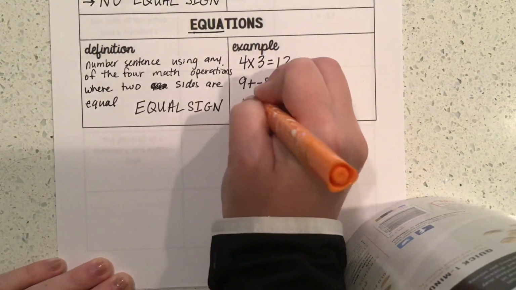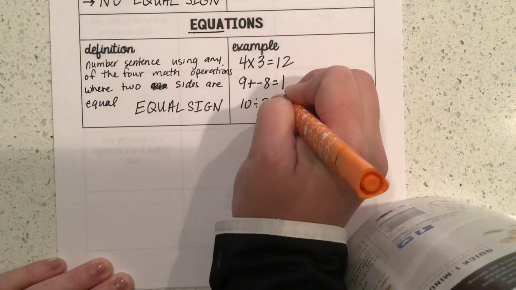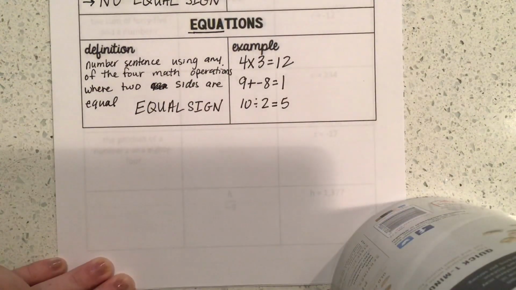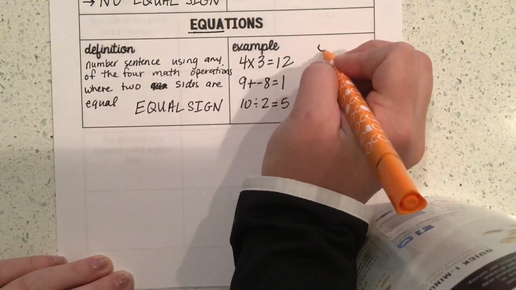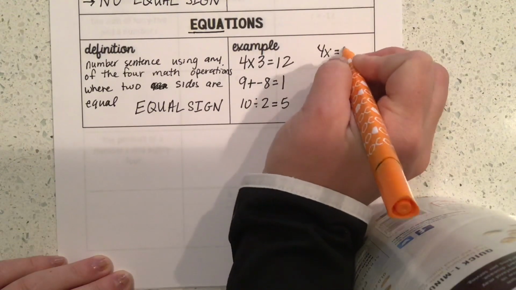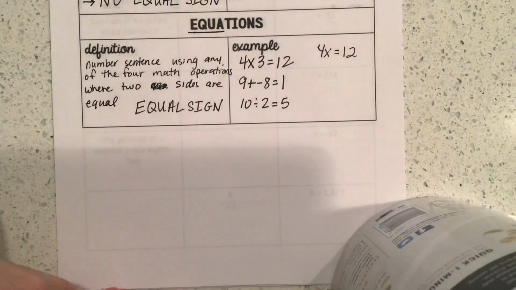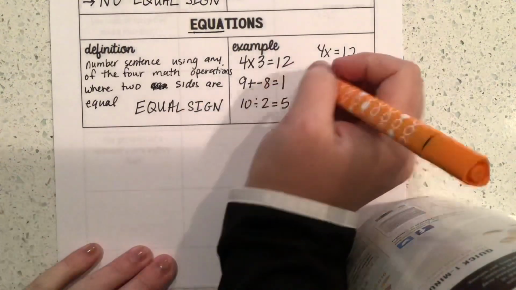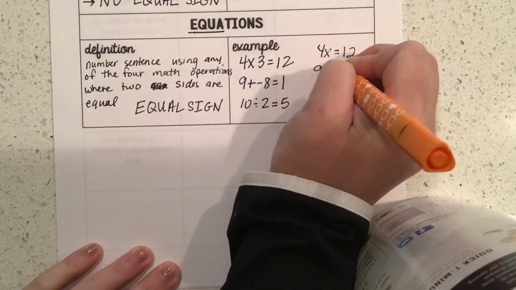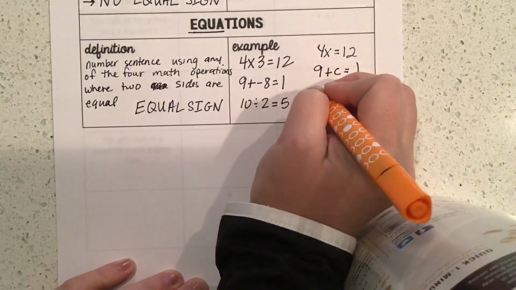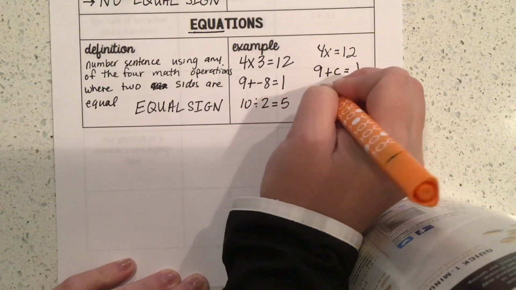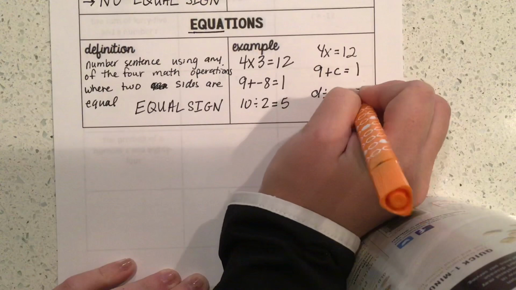Or 10 divided by 2 equals 5. Okay, now we can also pull down some variables: x equals 12. Again, it has to have that equal sign in there to be an equation. 9 plus c equals 1. We could have d divided by 2 equals 5.